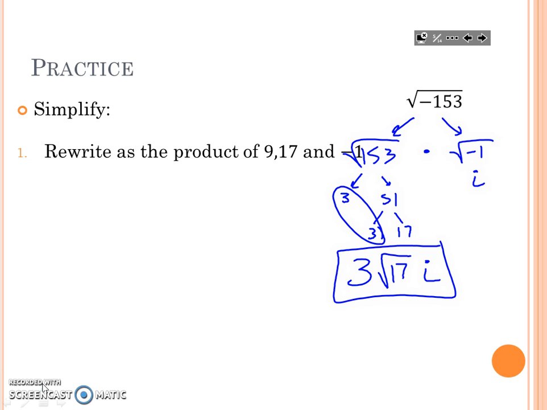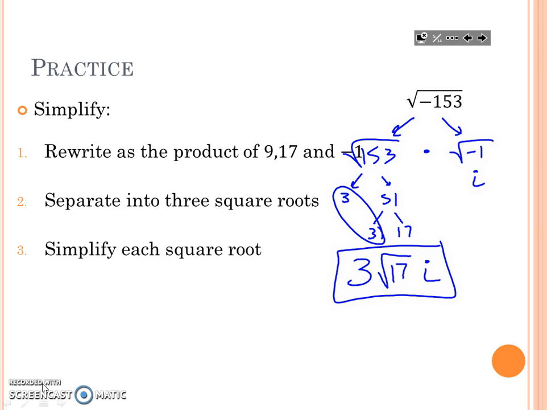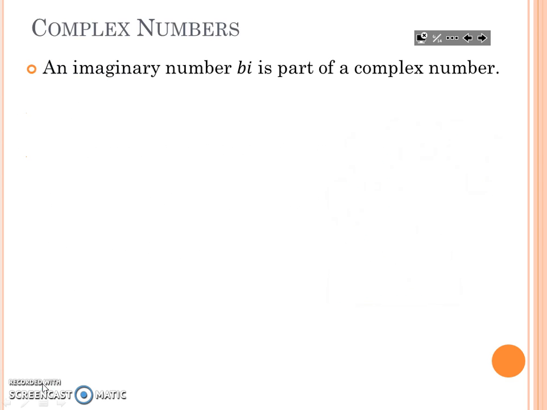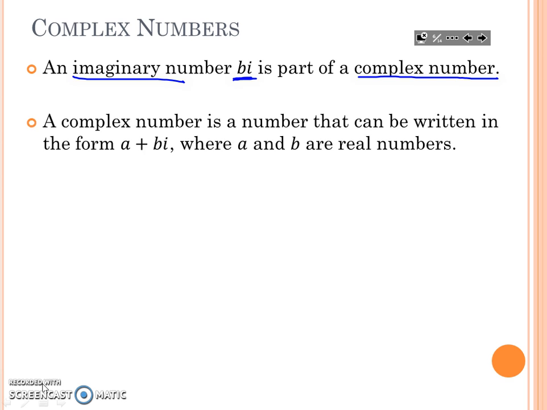Okay, other things that we can do with imaginary numbers. Okay, we can perform operations. Oh, wait, never mind. I'm ahead of myself. Sorry. So we're going to talk about complex numbers now. So complex numbers, our imaginary number is bi, and that is part of a complex number.